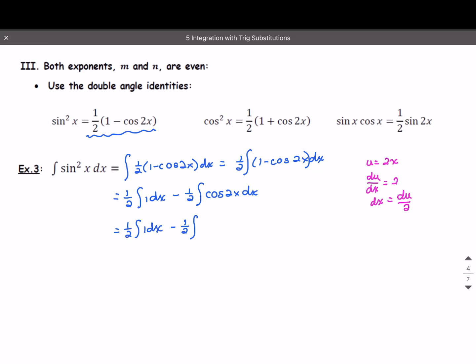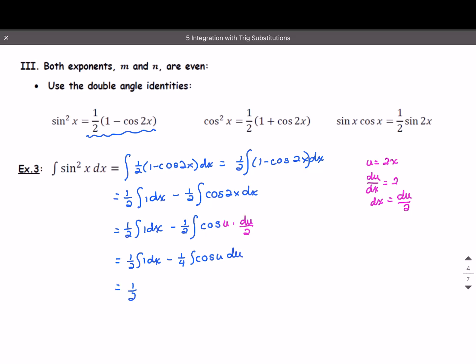So that this cosine 2x becomes cosine of u times du over 2. So now we have 1/2 times the integral of 1 dx minus 1/4 times the integral of cosine u du.